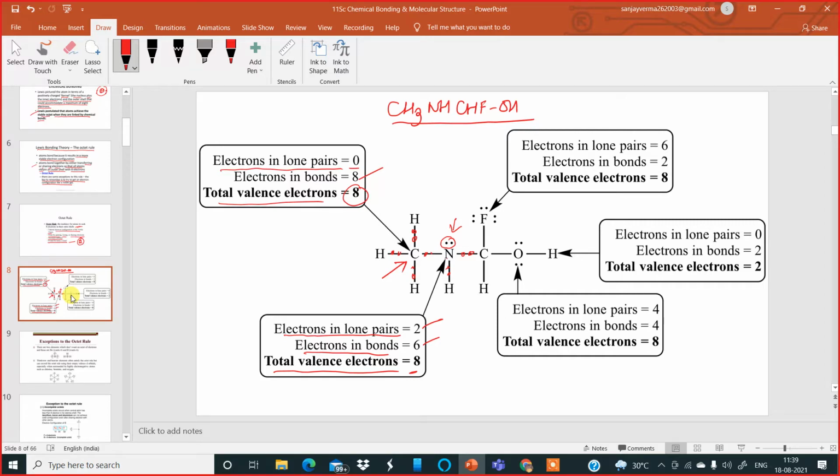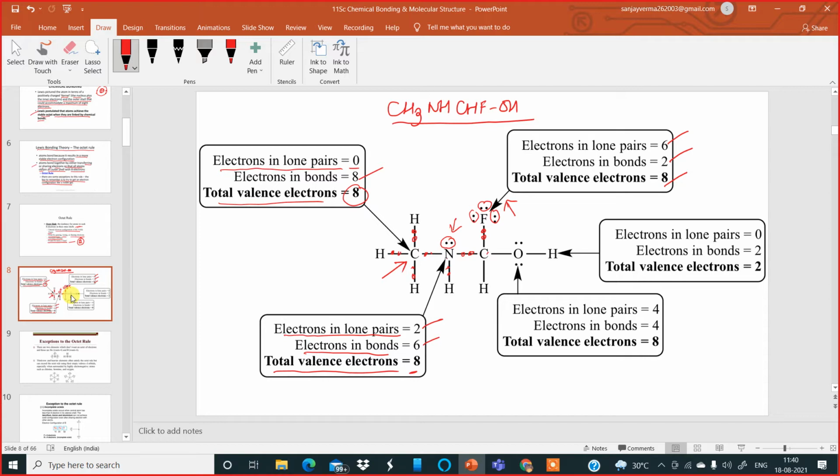Then focus on this fluorine atom, which is linked to this carbon. Electrons in lone pairs are 2 plus 2 plus 2, that is 6, and one bond is there containing 2 electrons. Total is 8. I am trying to explain the octet rule.